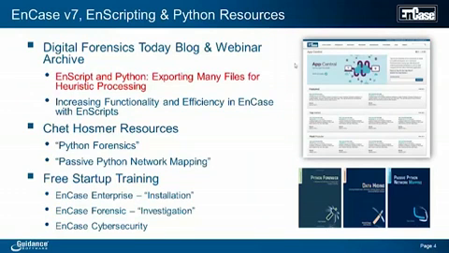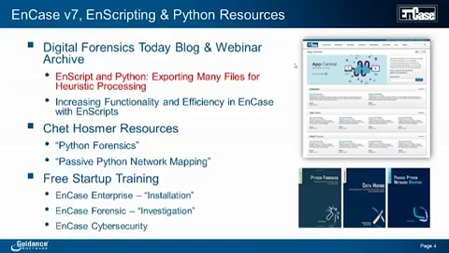So just to give you some resources, we always give you a list of resources to go to. This one's a little bit different. Chet and James teamed up to create a 2-part digital blog series. It's called EnScript in Python, Exporting Many Files for Heuristic Processing. You can read that on Digital Forensics Today.